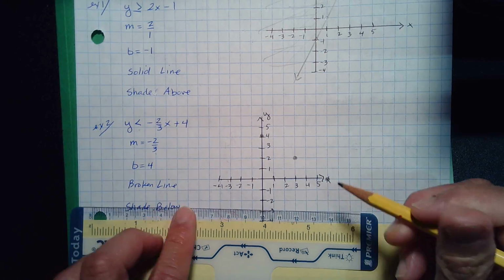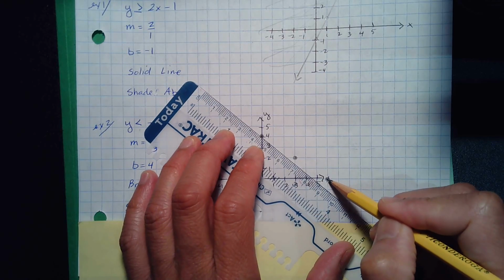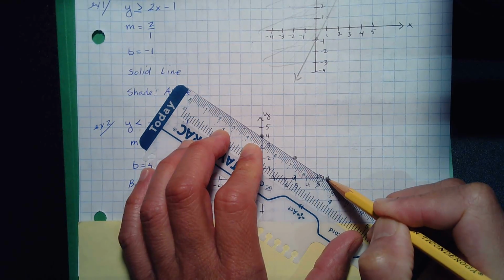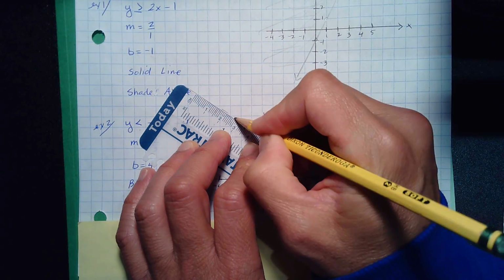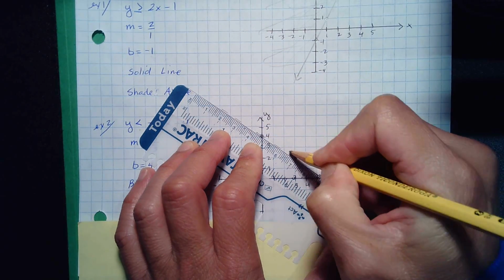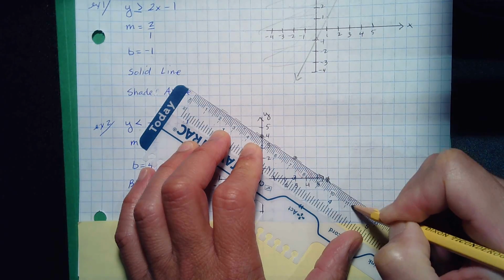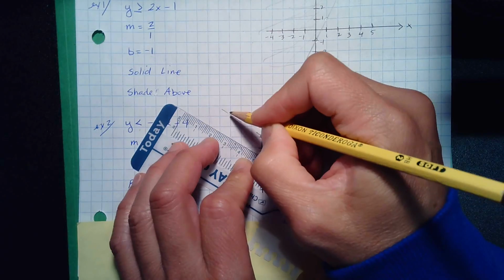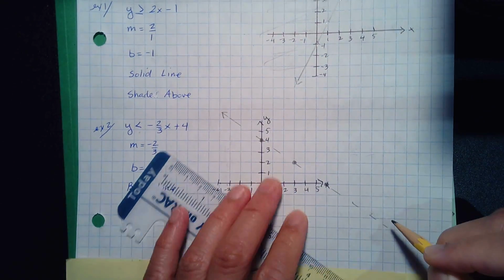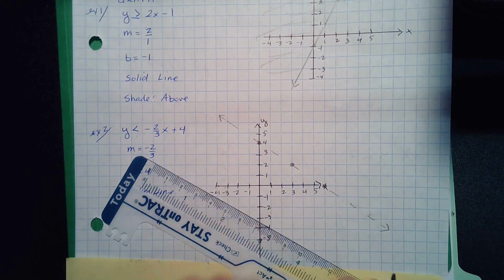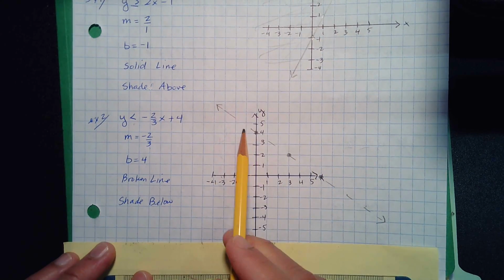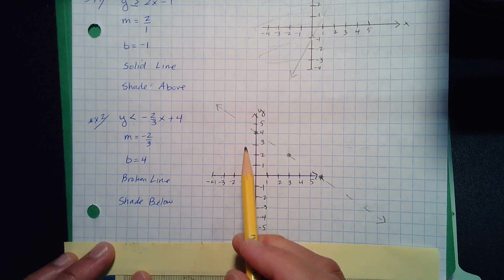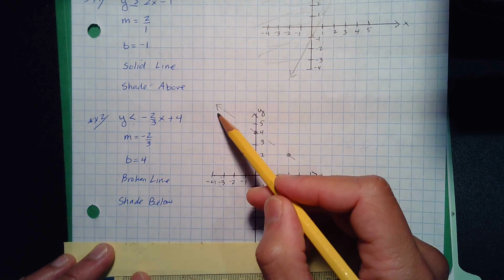This is a broken line. So here is our broken line, and now we shade below.